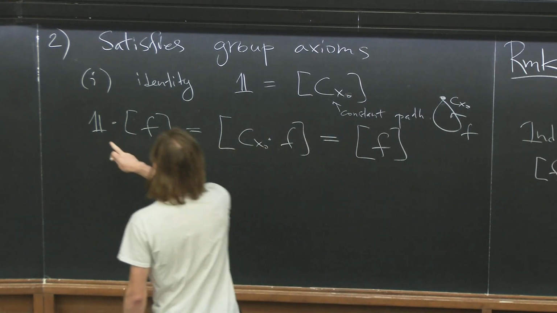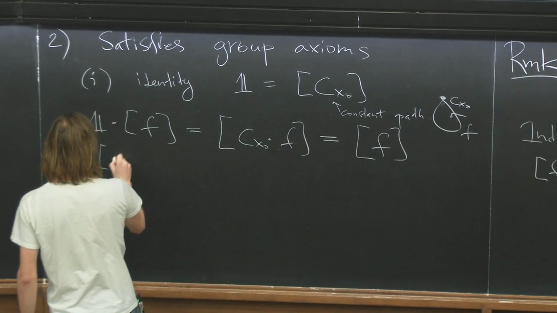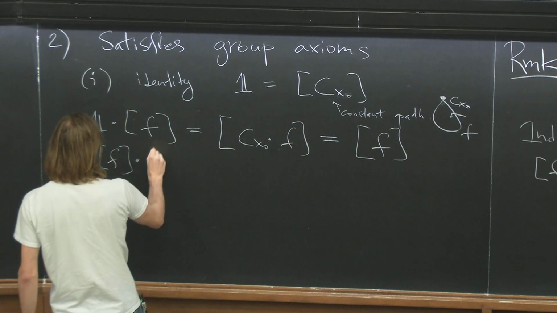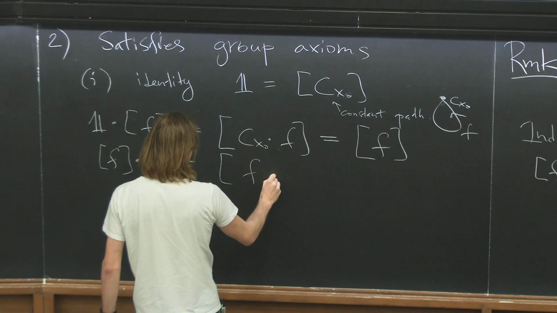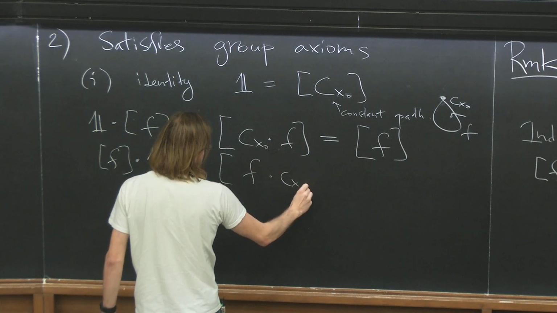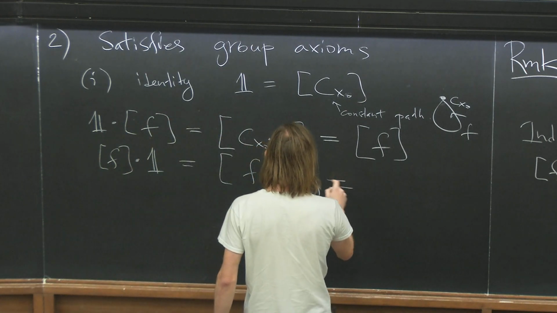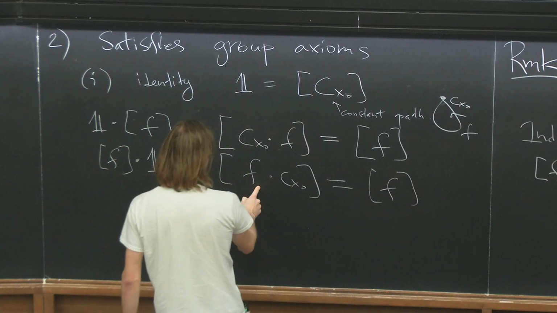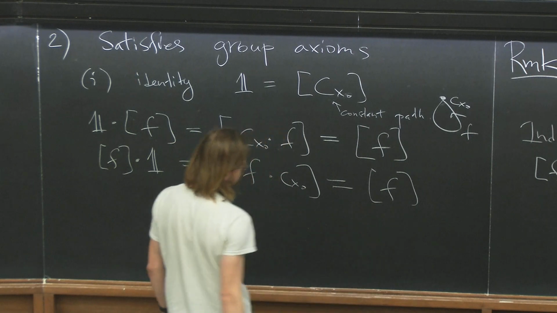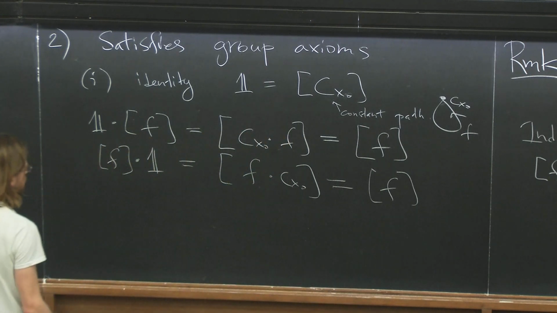So indeed, and analogously, one can check that the multiplication from the other side gives us composition of paths in a different order, and this is also homotopic to f itself. So the equivalence class is the same.